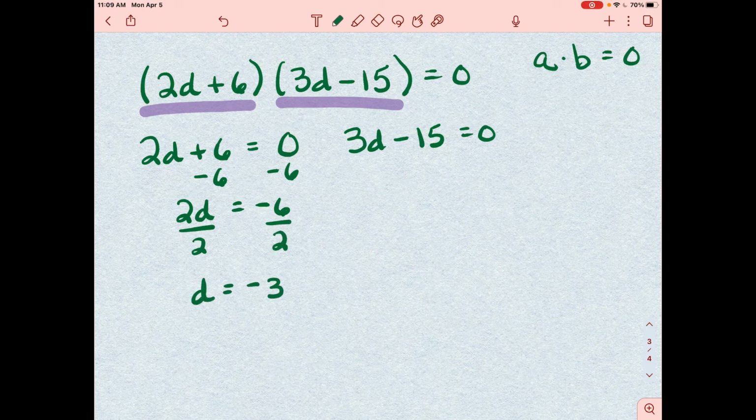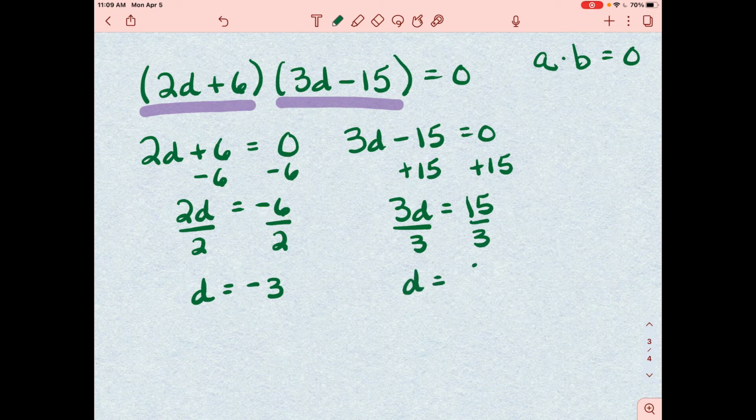Negative 3 is a possibility for d, and 5 is a possibility for d. So I will need to give two answers for this. d could be negative 3, and it could be 5.